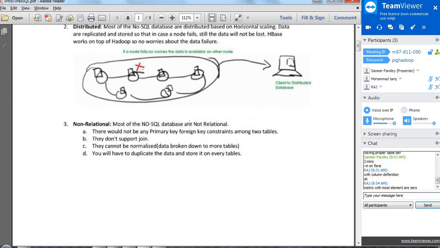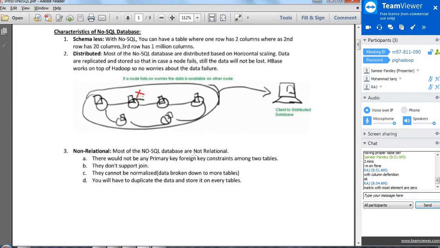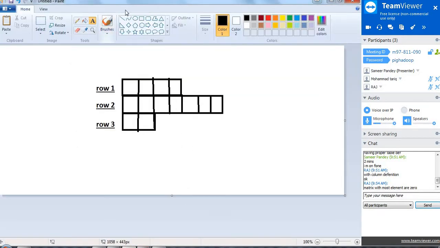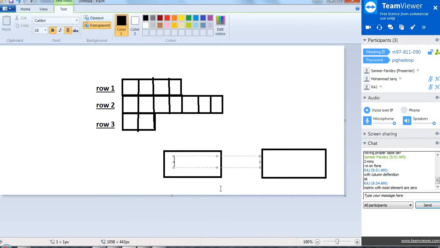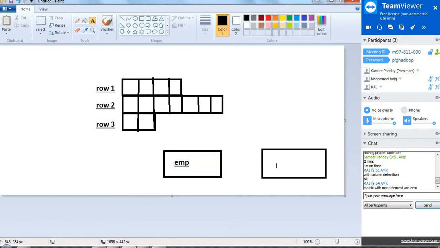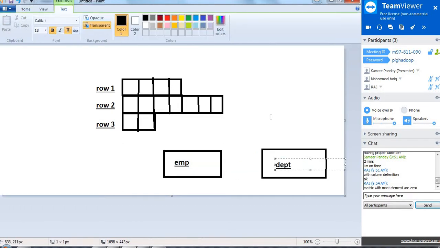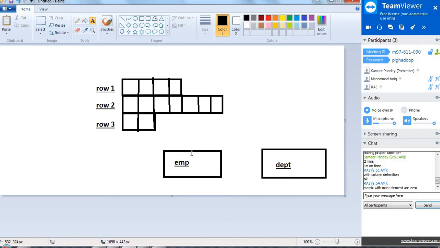Now, relational and non-relational. What is the meaning of both? Relational is what? This is your EMP table and this is your DEPT table. The EMP table contains a department number.